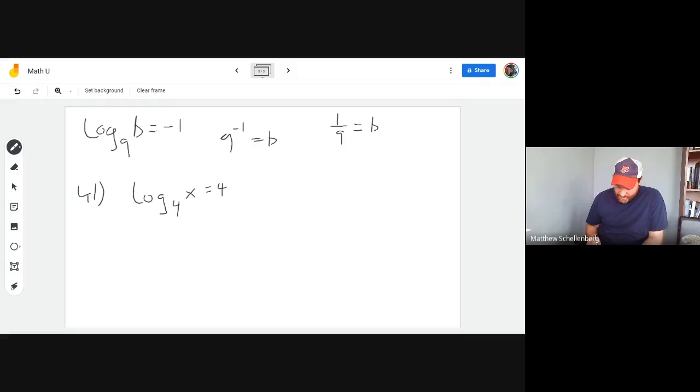The base there is 4. The exponent is 4, because remember, this isolated part here is 4. And what does this equal? This equals x, but what is that? Well, 4 to the 4th power is just 4 times 4 times 4 times 4. That's 16 times 16. That's 256.